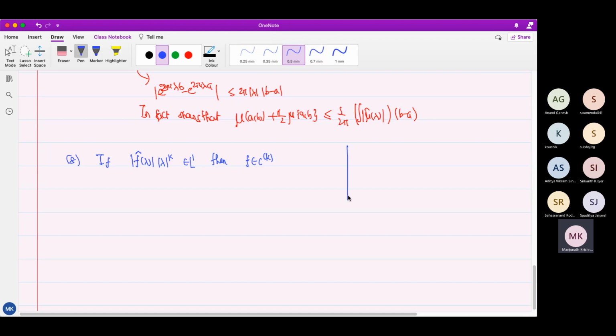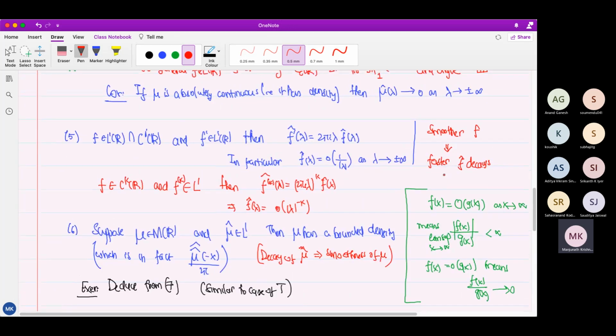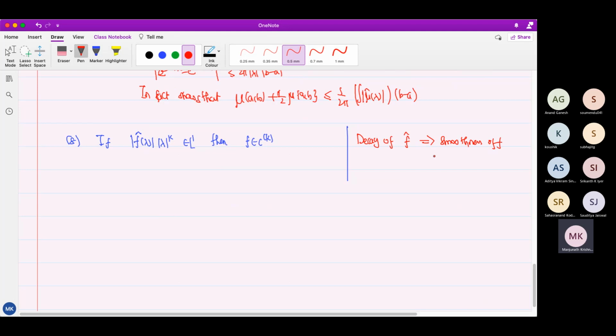Okay. So this is the theme, that decay of f hat implies smoothness of f. Earlier we saw the other way. Smoothness of f implies decay of f hat. Now we are saying decay of f hat implies smoothness of f.